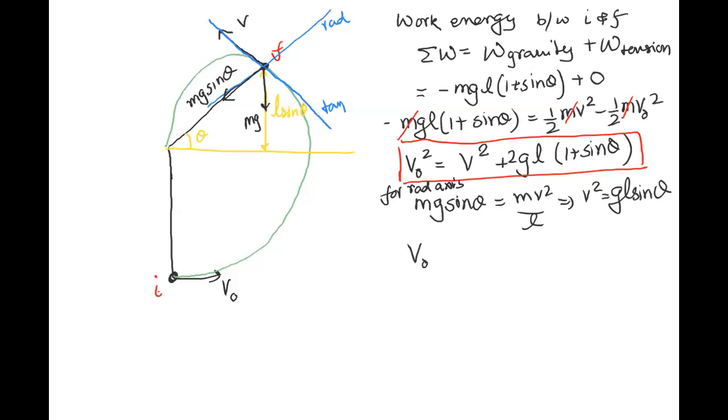So v naught square is equal to... But here there is no component of velocity v square.